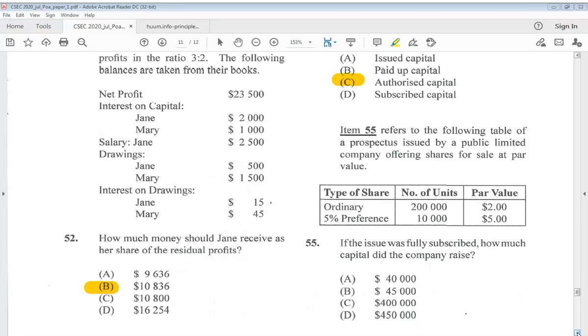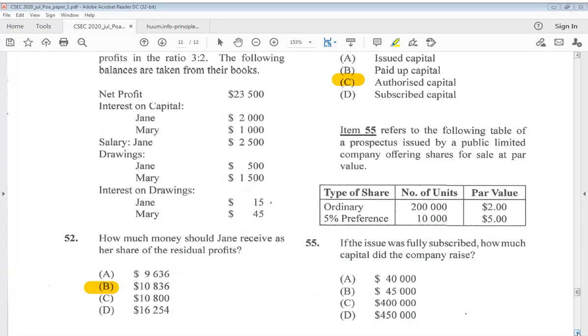And then the par value is $2, and the 10,000 units are at a par value of $5.